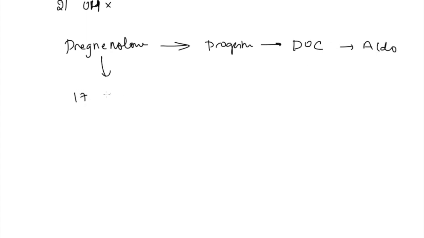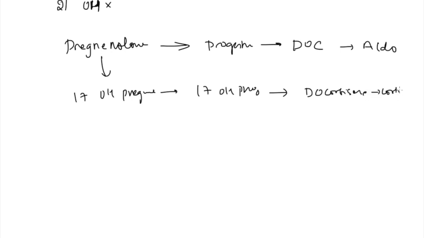This becomes 17 hydroxypregnenolone, 17 hydroxyprogesterone, then becomes deoxycortisol, then cortisol. Then cortisol will lead to cortisone. Basically it's the same chart, I'm just writing it again.